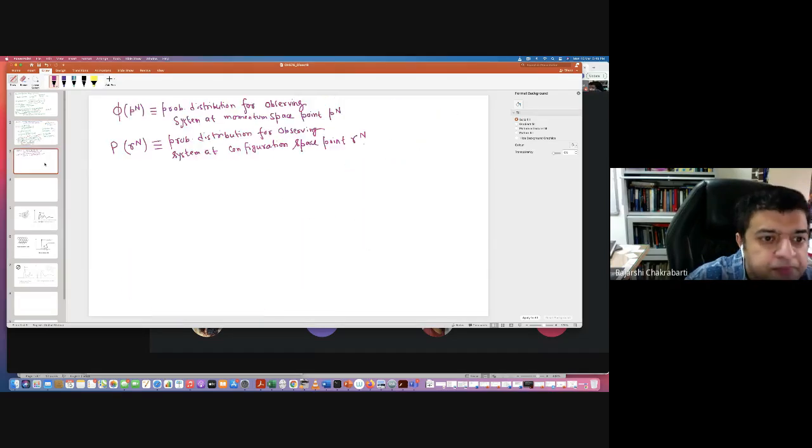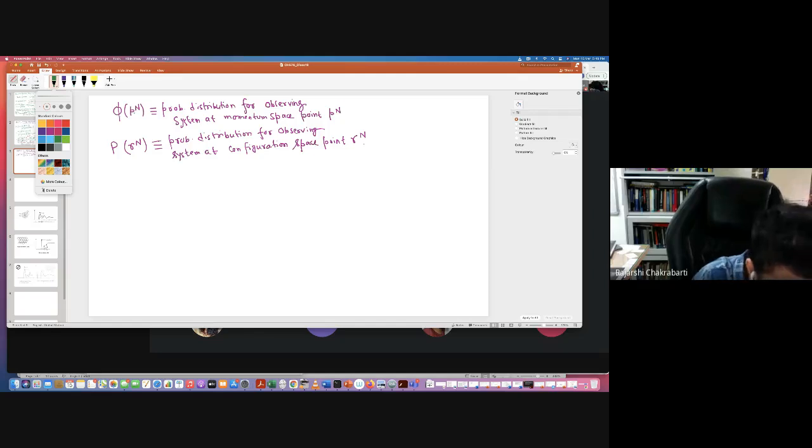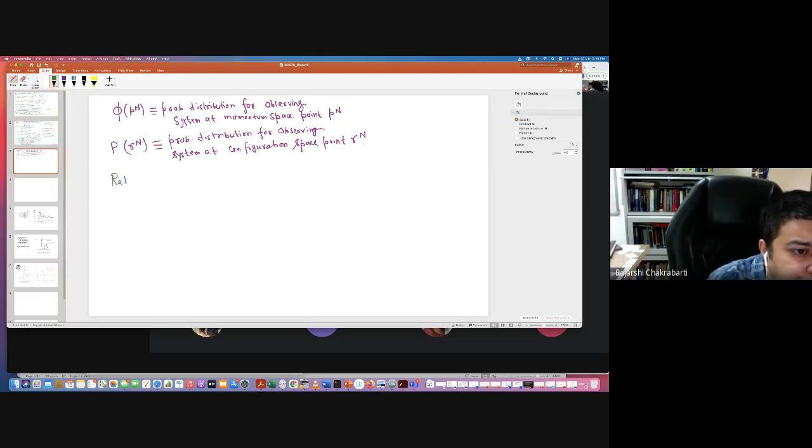Yes. This is fine. Whatever I have written should be fine. Now let me introduce what is known as the reduced configuration distribution function.